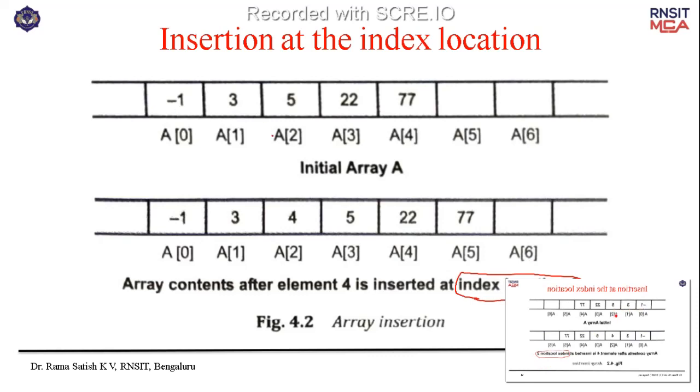So 77 will be moved to the next, 22 will be moved to the next, and 5 will be moved to the next, and later the new element 4 is to be inserted here. So you have to move one place to the right, and later you insert it.